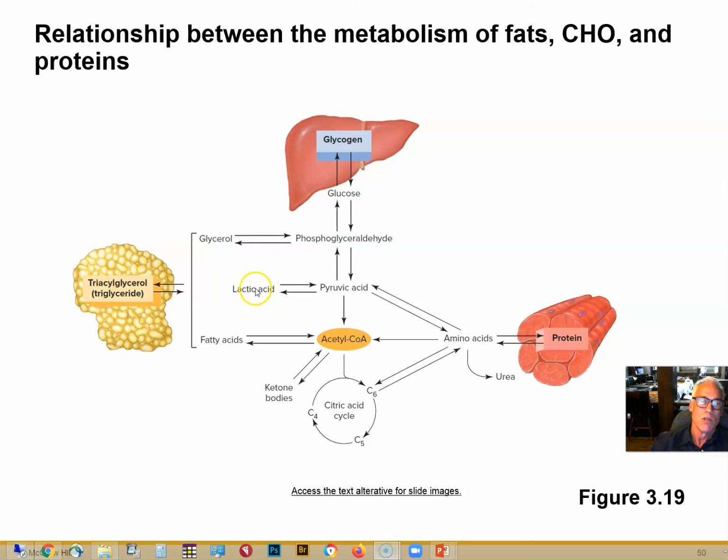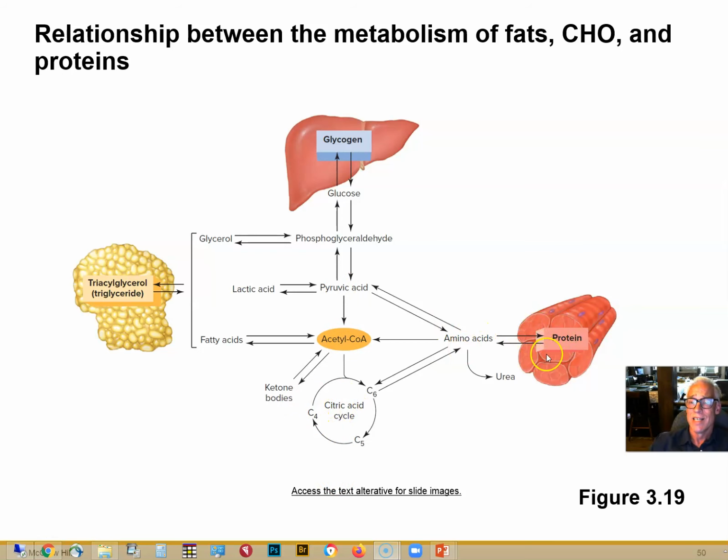So later, once you get tired, right, in the presence of a lot of lactic acid, you're going to be fatigued, you're going to stop exercising and take a break. And it's during that break that the lactic acid will be converted back to pyruvic acid. That's what this arrow is for here. You're not going to leave that lactic acid in the body, and during the resting period, you will continue to get rid of that lactic acid and convert it back to pyruvic acid, run it through the Krebs cycle, and get all the energy out of it.